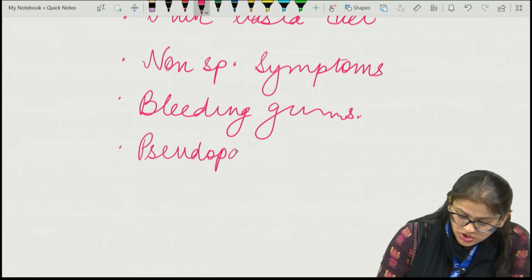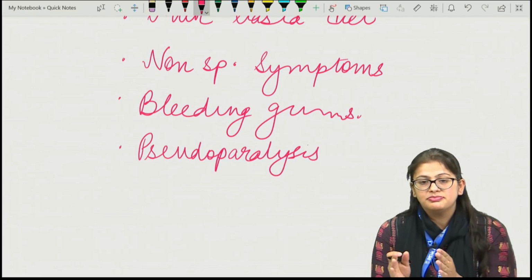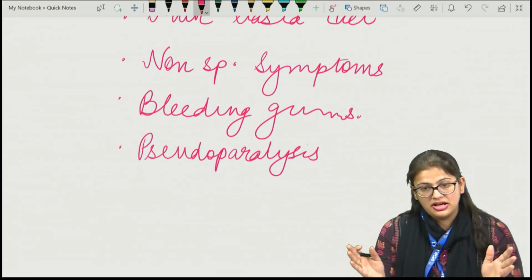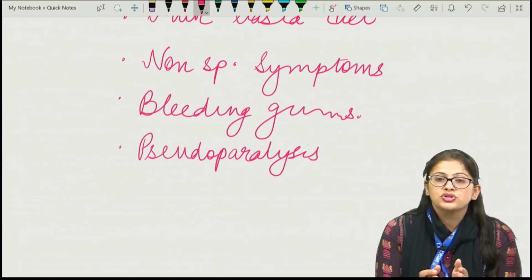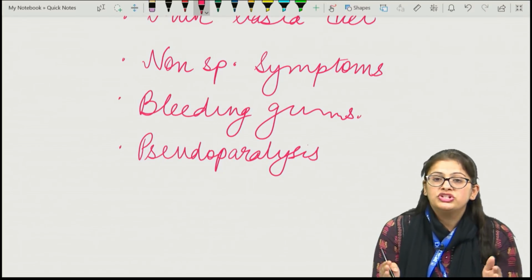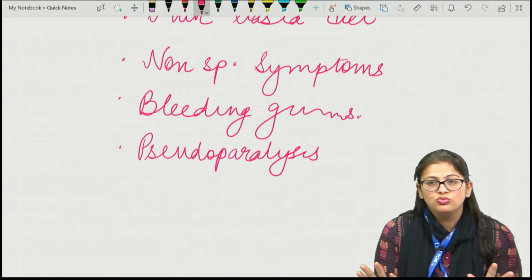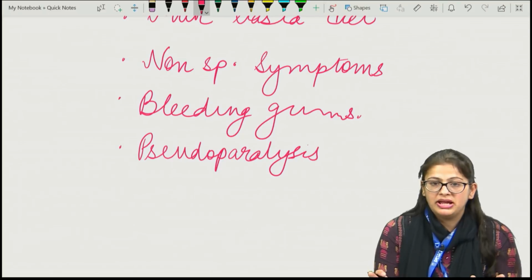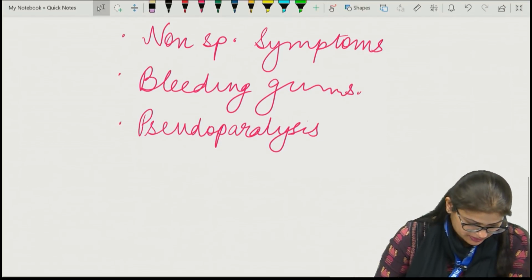Now, what do you mean by pseudo-paralysis? There is no true paralysis, but the baby remains in a state of not moving his limbs, and that mainly results because of bleeding under the bones, which causes pain and tenderness, and hence the baby does not like to move his limbs to avoid the pain and tenderness, and hence this condition is called pseudo-paralysis.